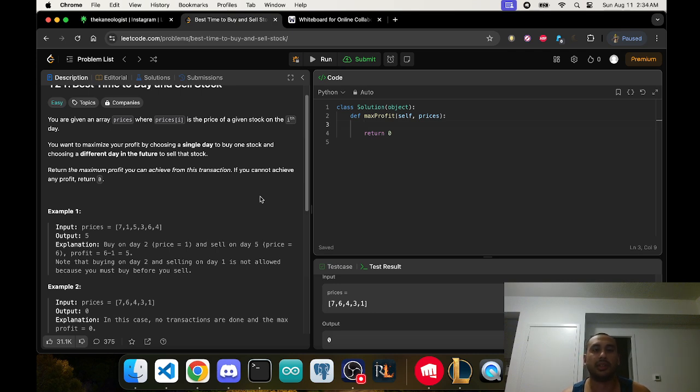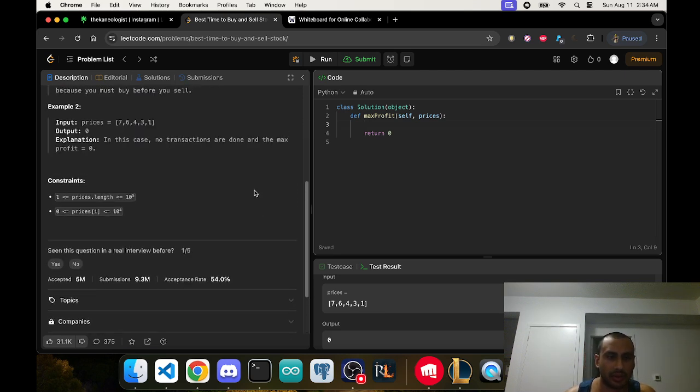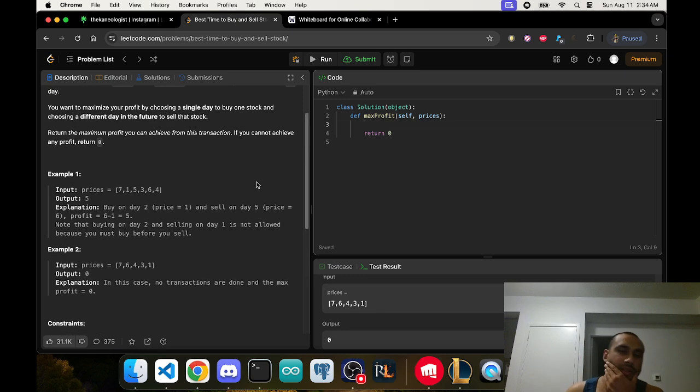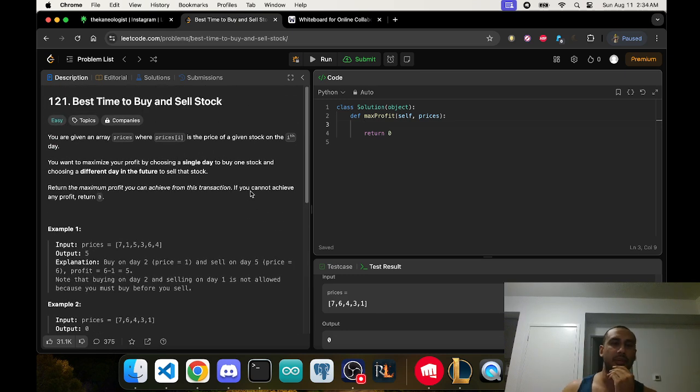Well, to me, this is just a nested for loop. You could also do, wait, is there a constraint here? There's no constraint to improve on the time complexity, so I'm just going to solve it the easiest way I can.